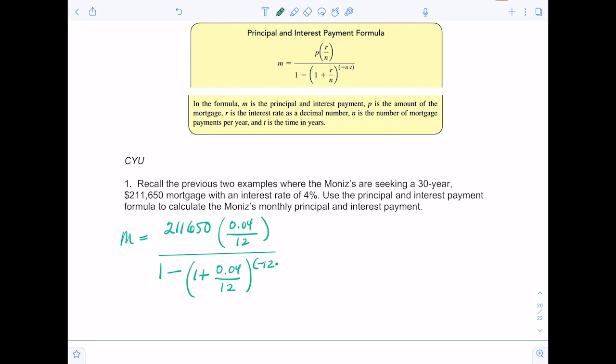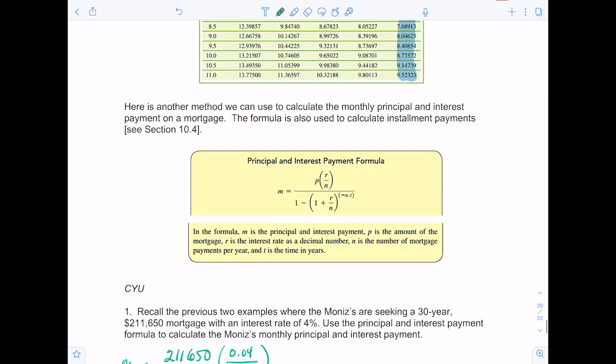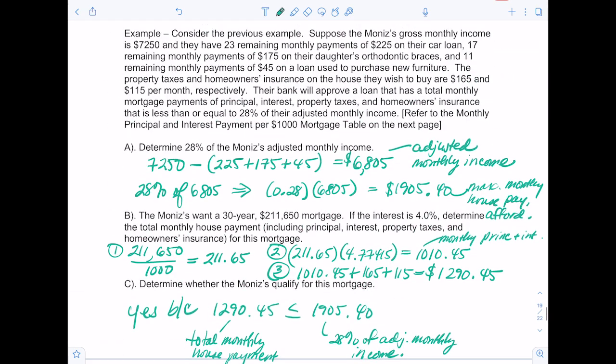So t is the time in years. We've got a 30-year mortgage. So when you work all of that out, and I strongly encourage you to, use your calculator and type in the numbers very carefully, you'll get the same answer, or very close to what we got in letter B, which was $1,010.45.